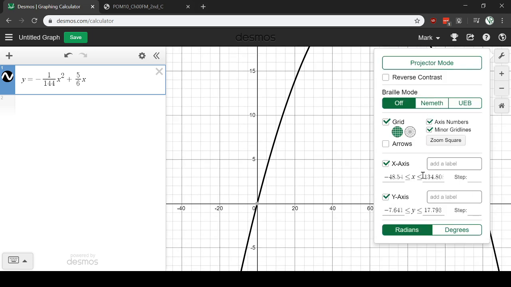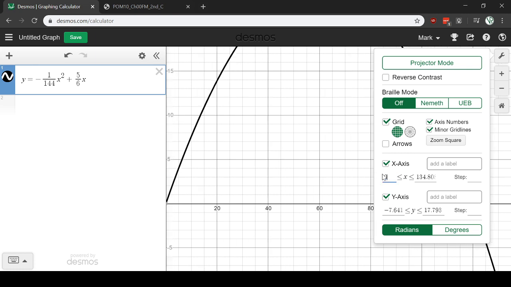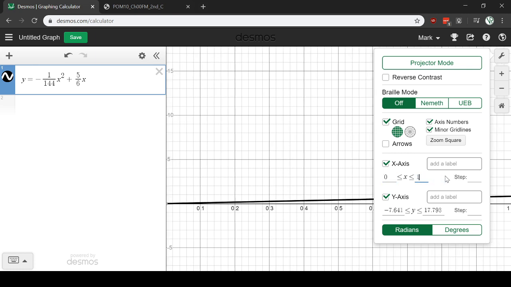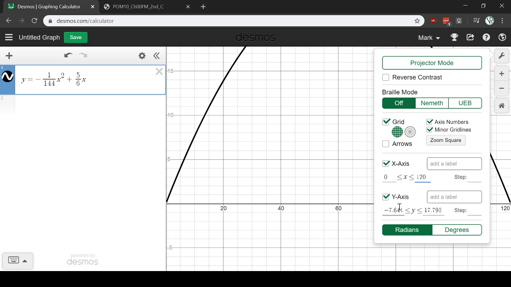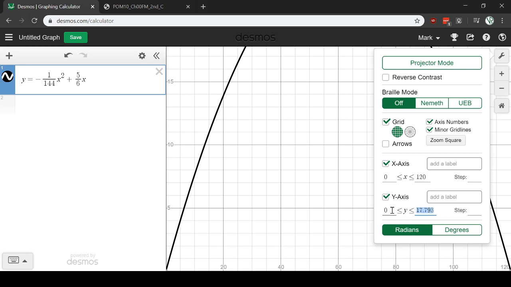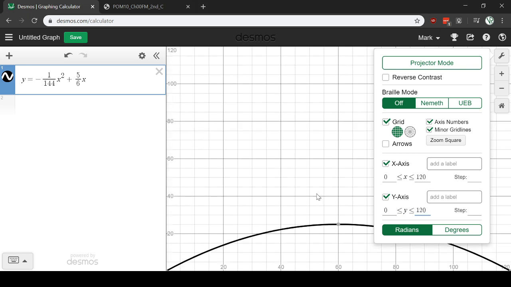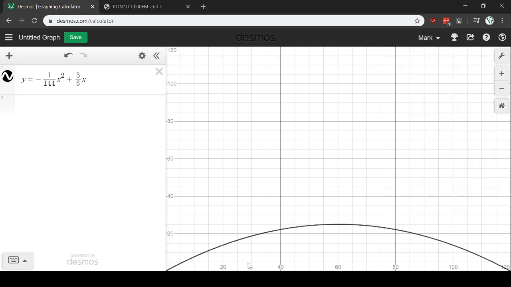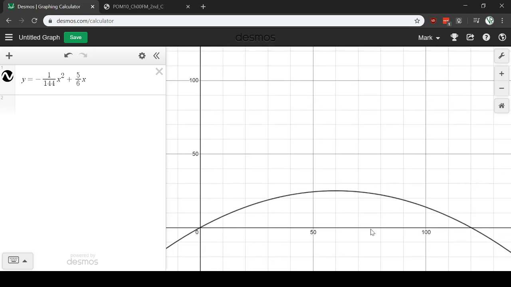So I will set that from about 0 to 120, and I'm going to use the same scale on the y-axis to give it a square grid. Each of these grid pixels is not really that square on my screen, so I'm going to zoom out a touch.